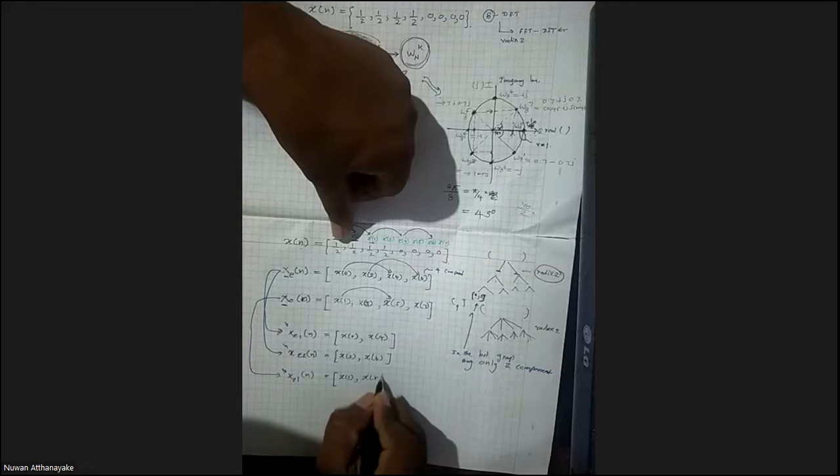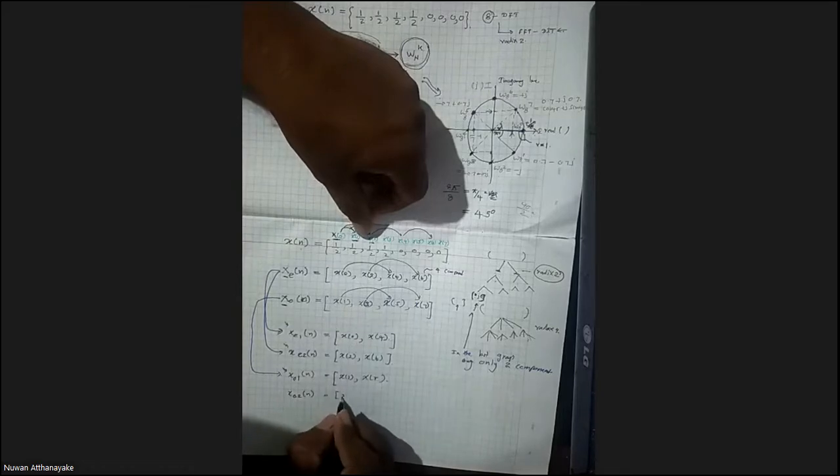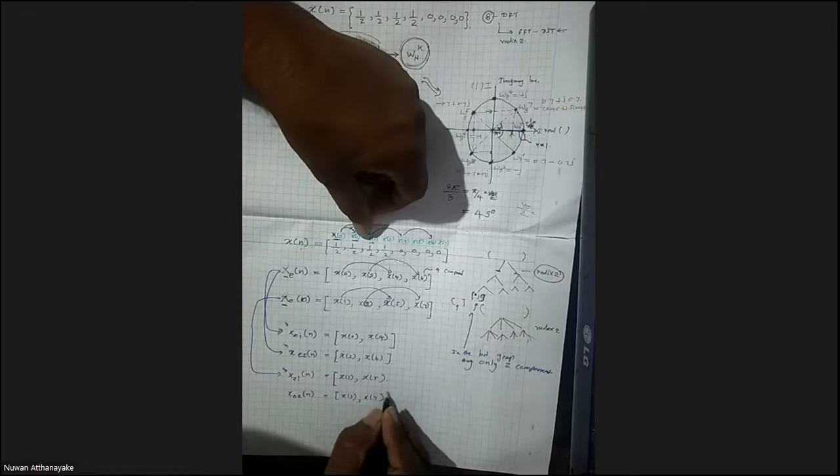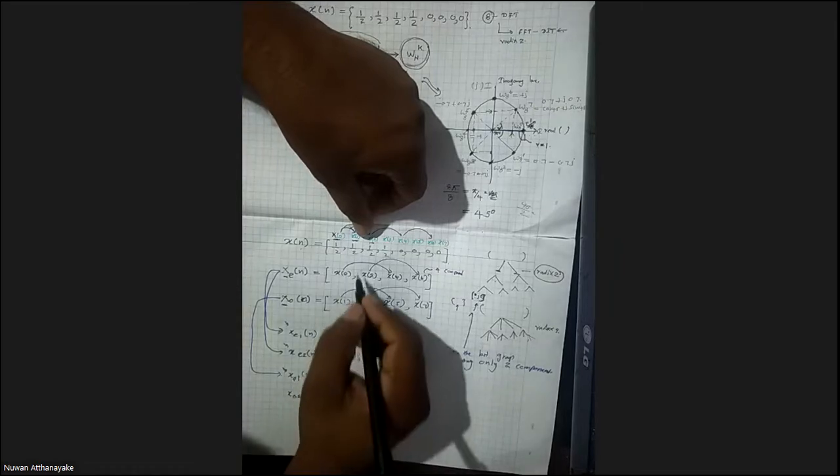So x1, x5, and x0, x2, and you have to group this one with this one, x3 with x7. And this grouping procedure you have to follow always.